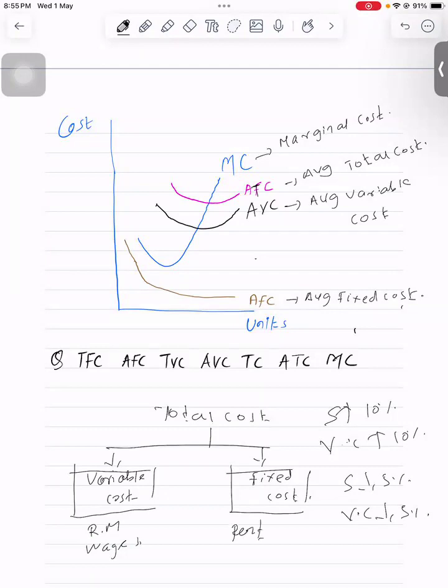Let's say you have hired premises where you are doing business. Every month you need to pay the fixed rent, so that will be the fixed cost. Salaries, at least in the short run, we can classify as a fixed cost. Every month you will pay a fixed salary to your employees. So keep this in mind. Now we will prepare this table.